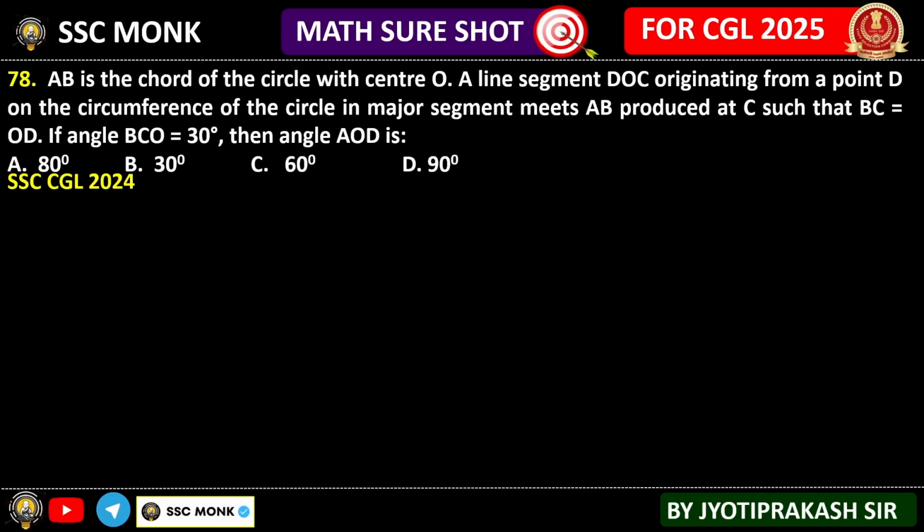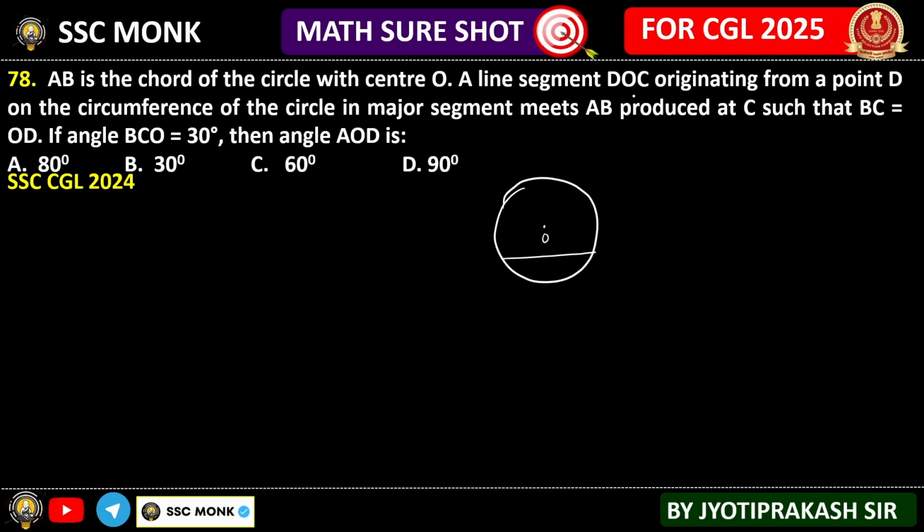Next, AB is the chord of the circle with center at O. A line segment DOC originating from a point D on the circumference of the circle in the major segment meets AB produced at C such that BC is equal to OD. So this is a circle, and this is the point O. It is saying AB is a chord.